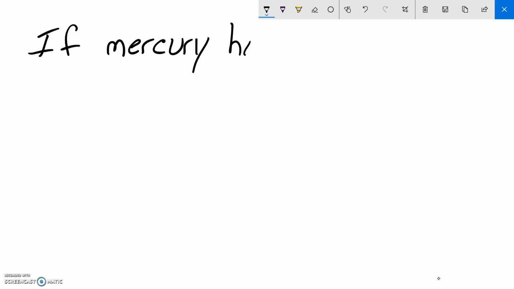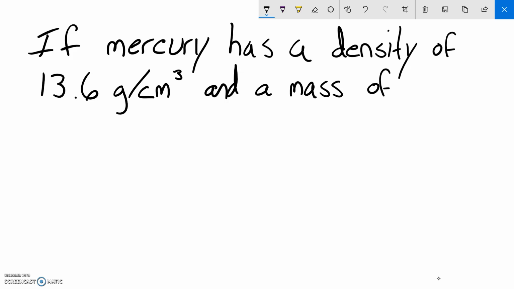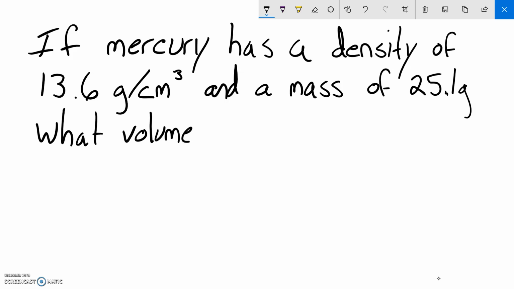If mercury has a density of 13.6 grams per centimeter cubed and a mass of 25.1 grams, what volume of mercury do we have?